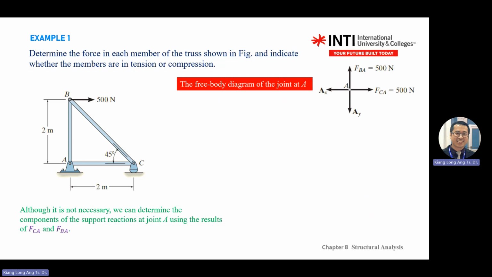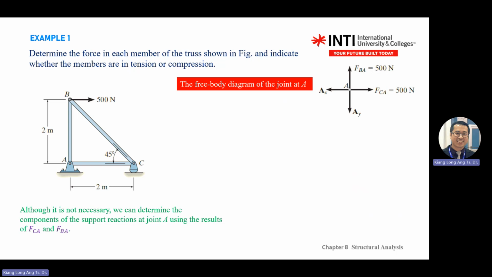Redraw this one to AX, AY. In the draft, in the early solution, you can draw like this, but after you do analysis, you will get AX equal to negative something, AY equal to negative something. You need to flip this diagram into this one.